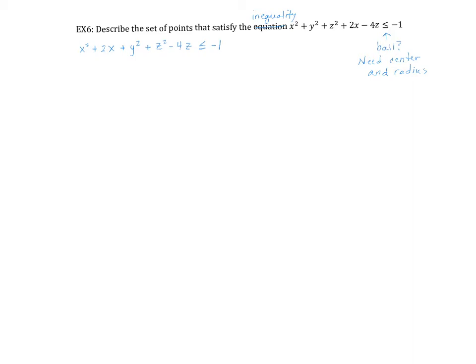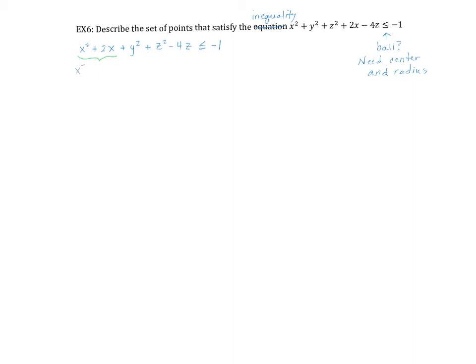And now I need to complete the square. So if we look at x squared plus 2x, that's not a perfect square. That's not something squared. However, if I add 1, then I'll get x plus 1 quantity squared. So remember, the process of completing the square is to take the linear term, or coefficient, in this case it's 2, take half of that and square it.